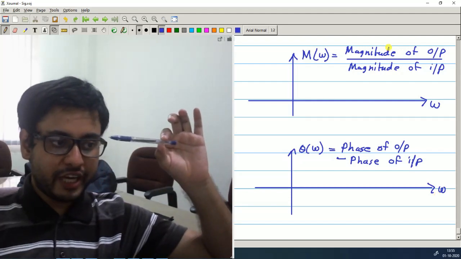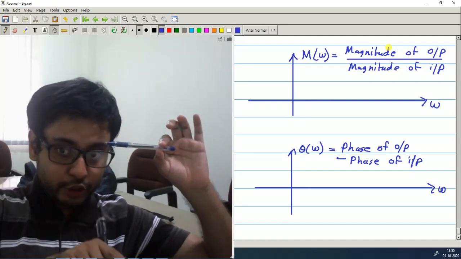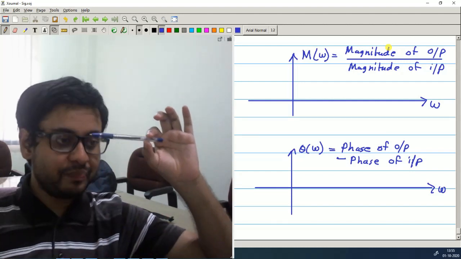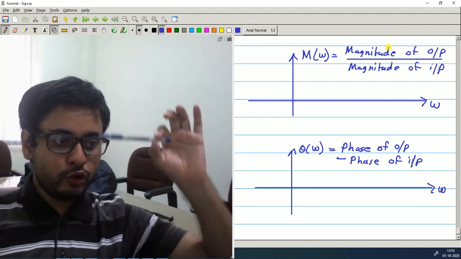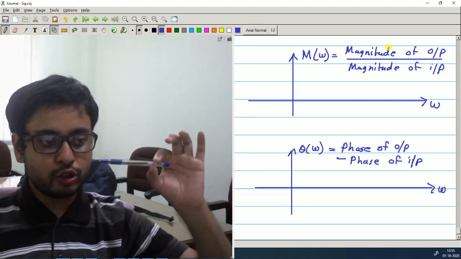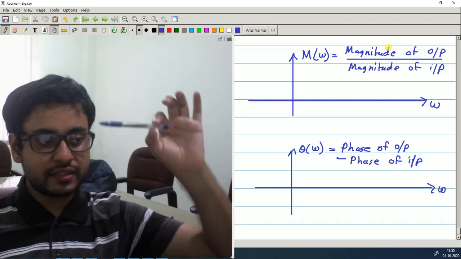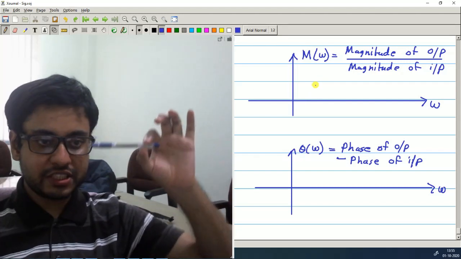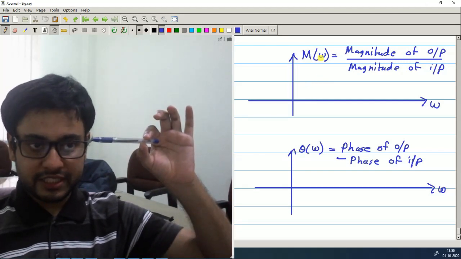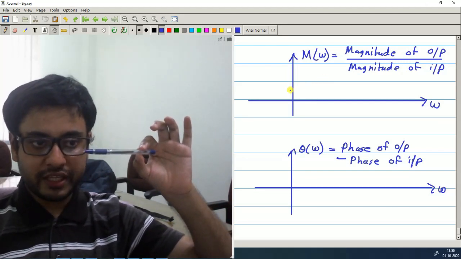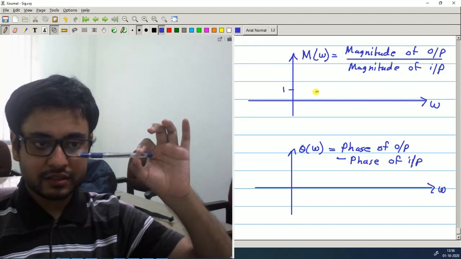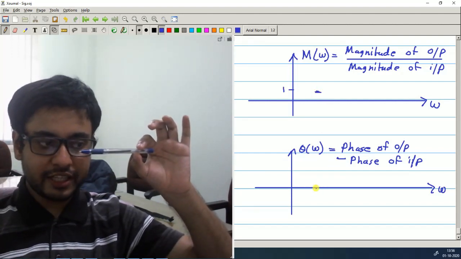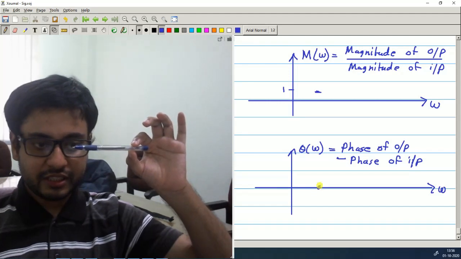So observe carefully and also do it yourself with a pen. At very low frequency, input and output move together and their amplitudes are same. So at low frequency, this ratio is 1 and phase difference between input and output is 0.